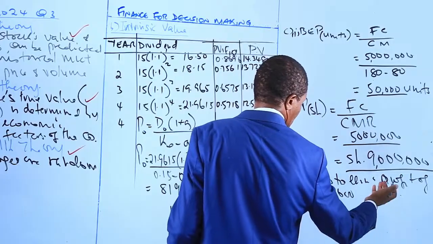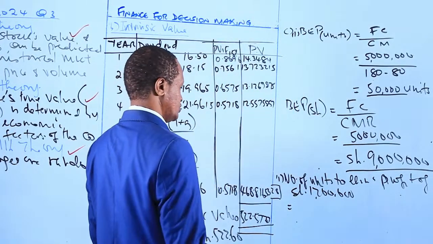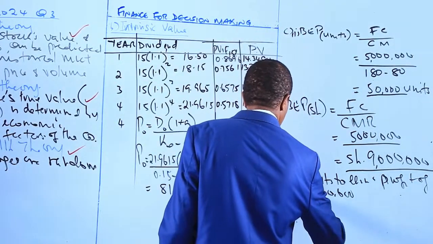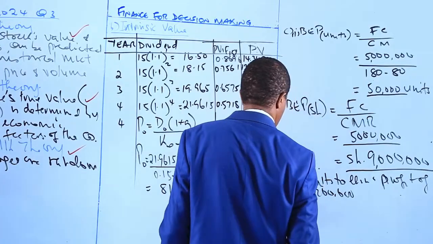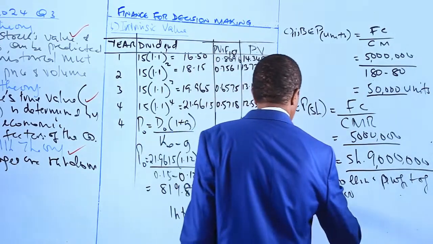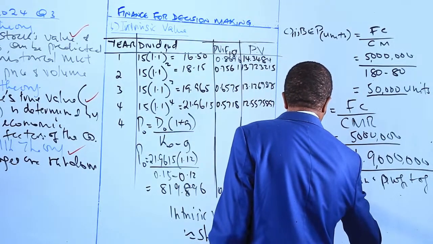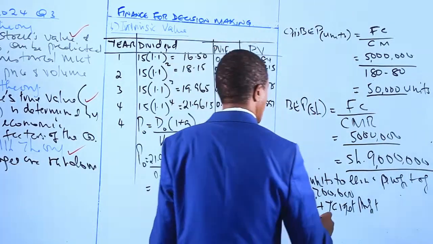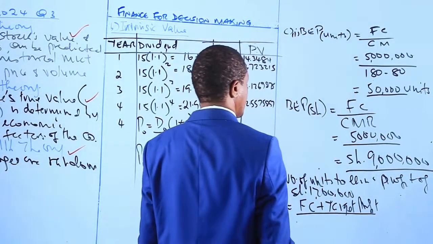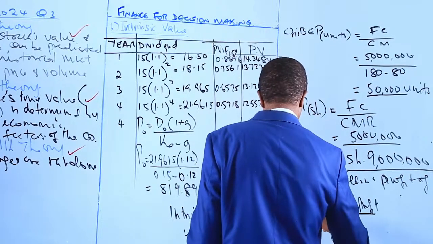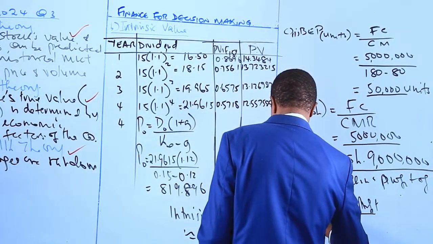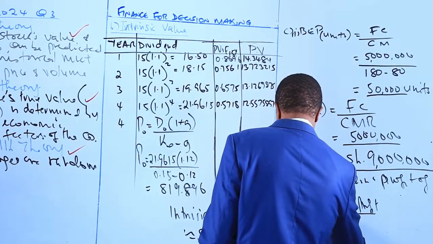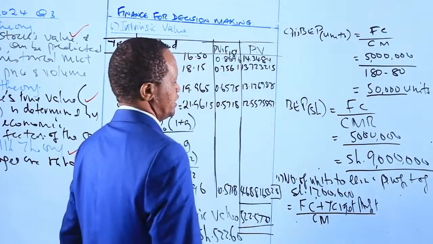The number of units to earn a profit of 1.2 million will be equal to the fixed cost plus the target profit, then we divide by the contribution margin.